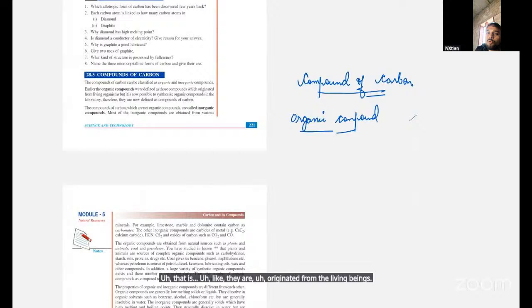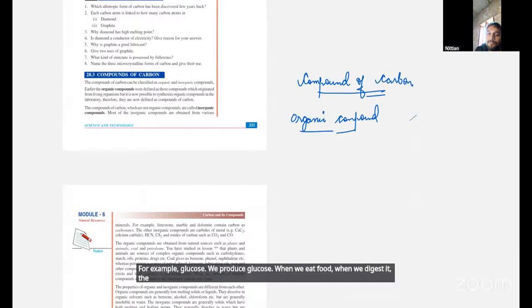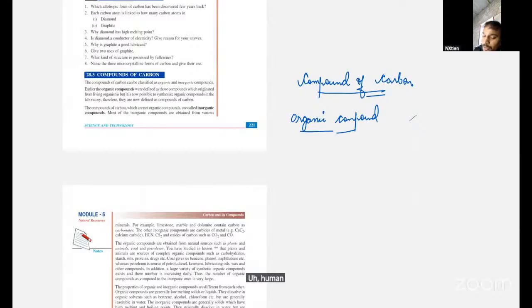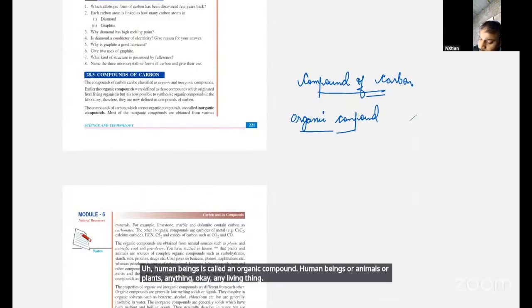For example, glucose. We produce glucose when we eat food. When we digest it, glycogen is formed, and that glycogen is basically an organic compound. So any compound that can be derived from human beings, animals or plants, any living thing, is called an organic compound.